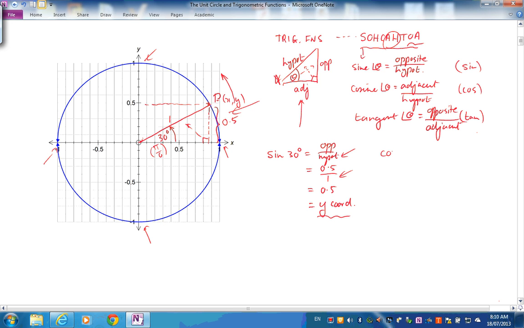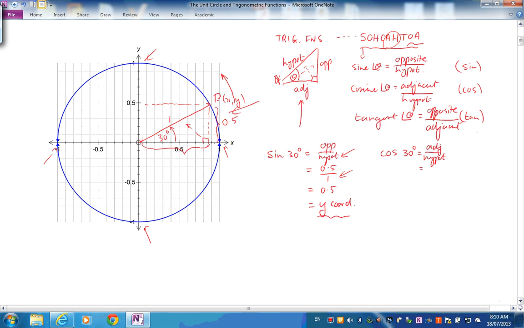Let's do the cosine of 30. That's the adjacent over the hypotenuse. What's that? The adjacent. Let's just rub this one out here. We don't need that for the minute. The adjacent is this side.